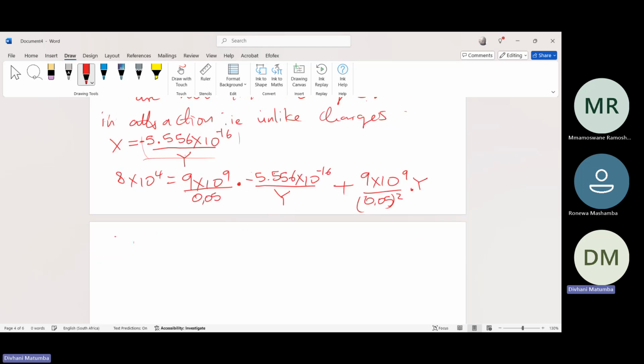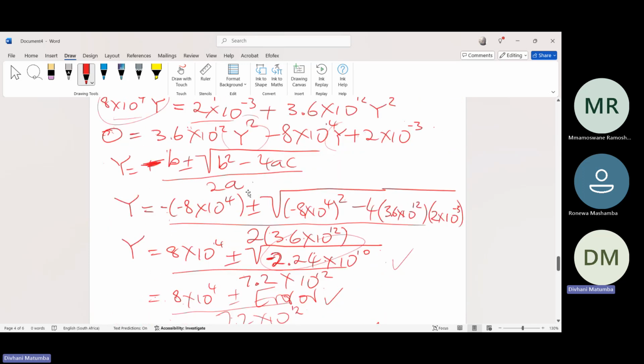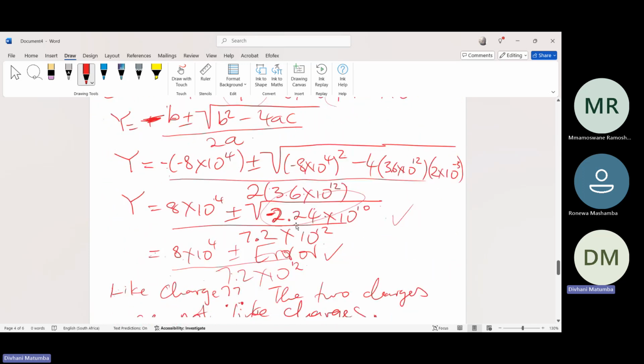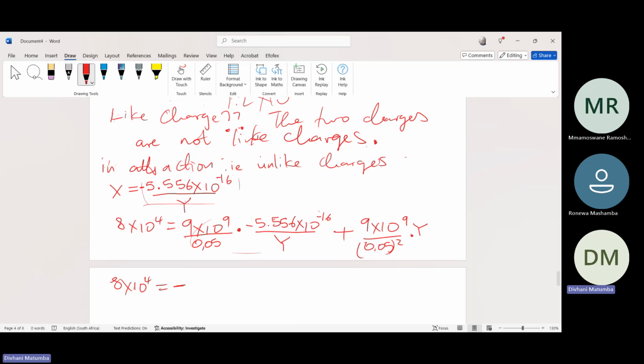So we will have 8 times 10 to the power of 4 is equal to, if you resolve this whole thing, you're gonna have the same number as what we have got, which is 2 times 10 to the power of 3, but it will be a minus. Minus 2 times 10 to the power of minus 3.